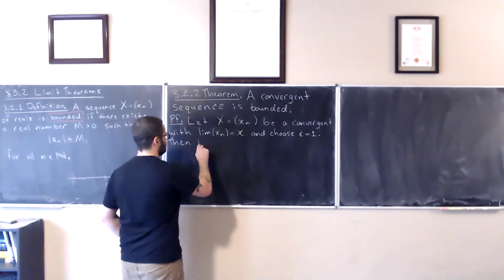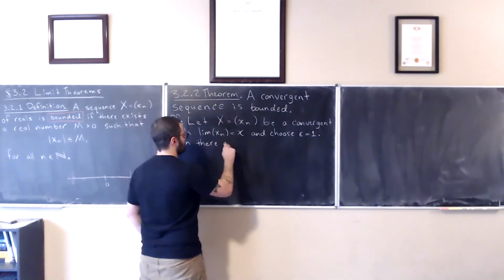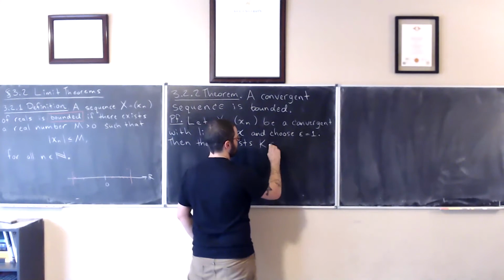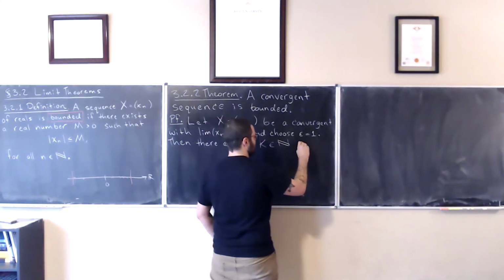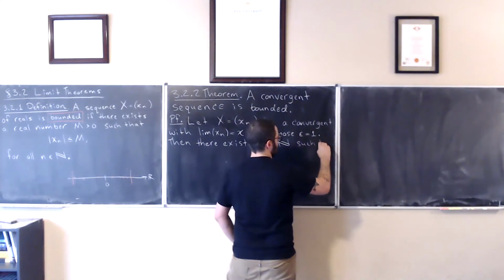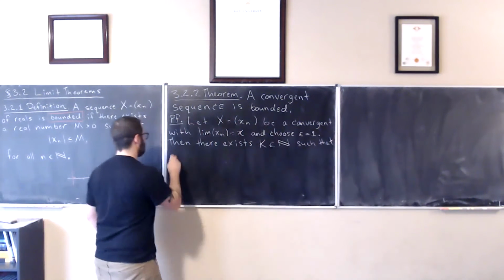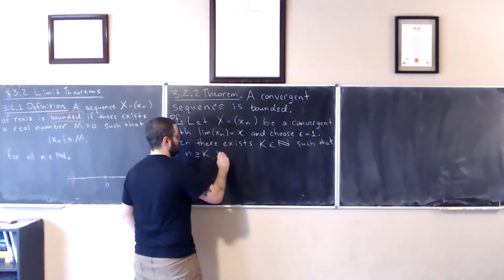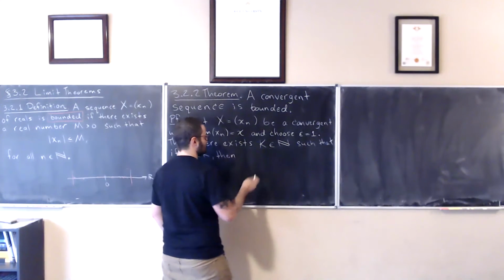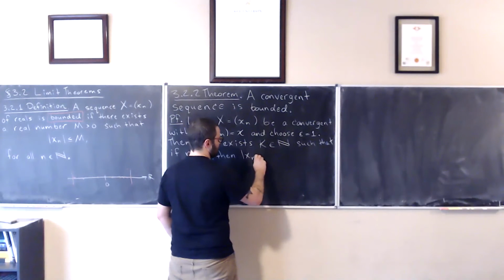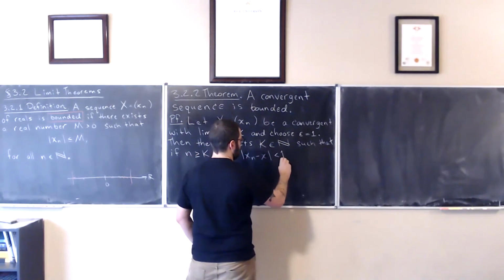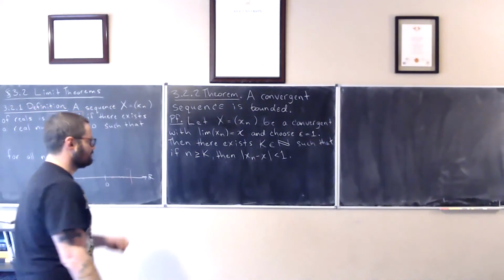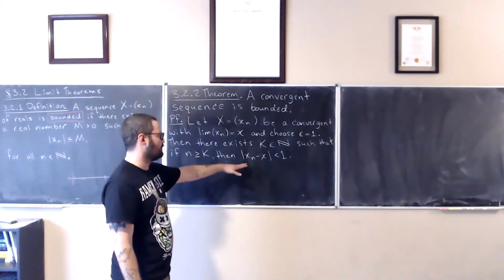Then there exists some index k such that if n is greater than or equal to k, then the absolute value of x_n minus x is at most 1. Okay, so we just know that that's going to be the case.